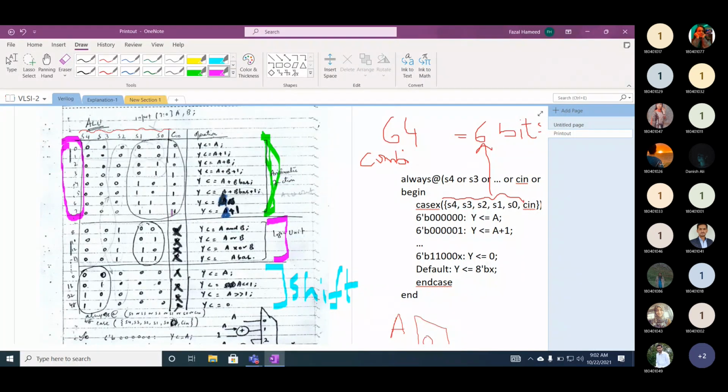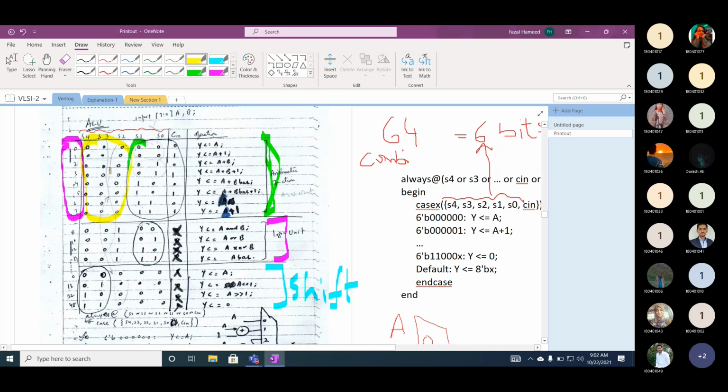Now, without looking into detail, can we say something like this, that if S1 and S0... Now if you look at the left hand side in the yellow, can you see in the yellow?